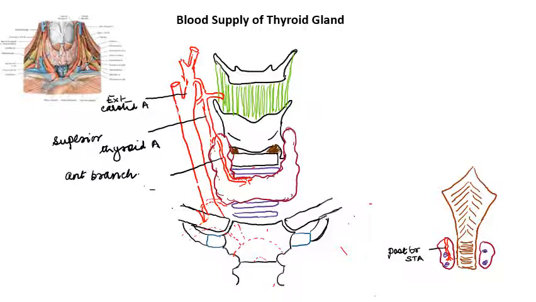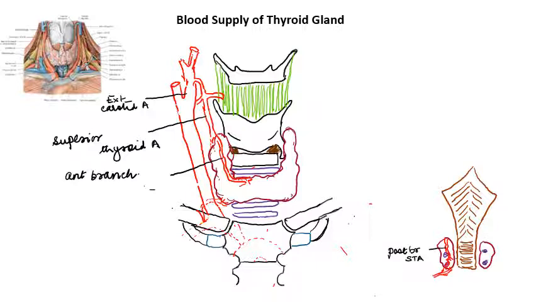Before it pierces the pretracheal fascia and the capsule of the gland, it divides into a superior ascending and an inferior branch. So it comes out here, divides into its branches, which is a superior ascending, which anastomoses with the posterior branch of the superior thyroid, and an inferior branch.